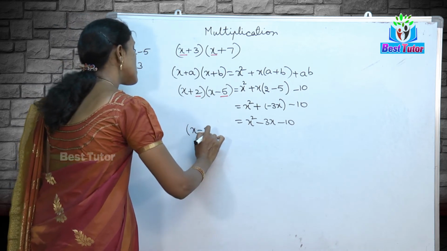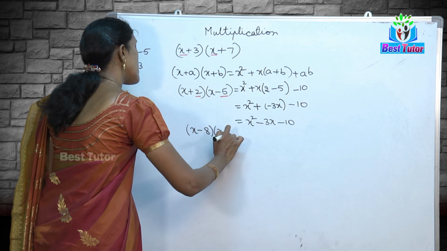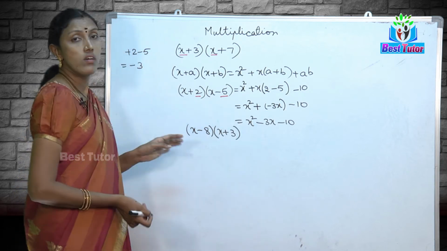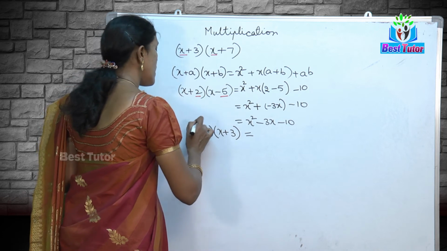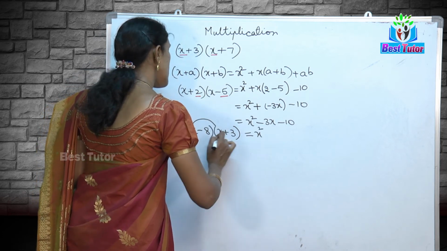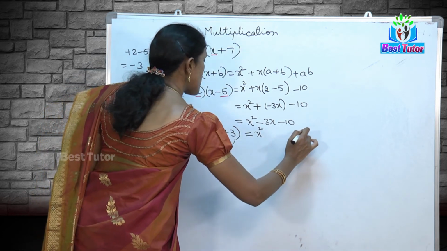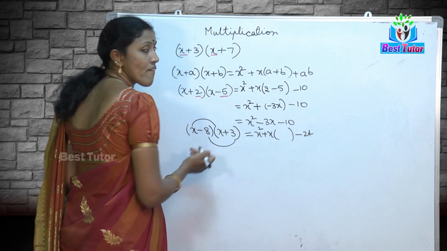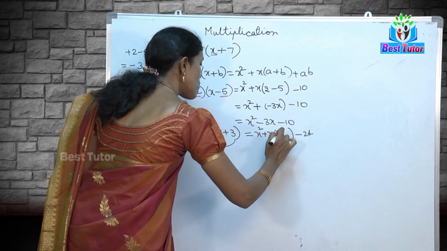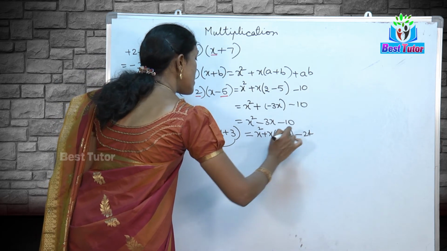X minus 8 into x plus 3. Okay, how are we going to do this? The same procedure can be applied. X into x, x square, minus 8 into plus 3 is minus 24, plus x into the sum of the numbers including the symbols. So minus 8 plus 3.